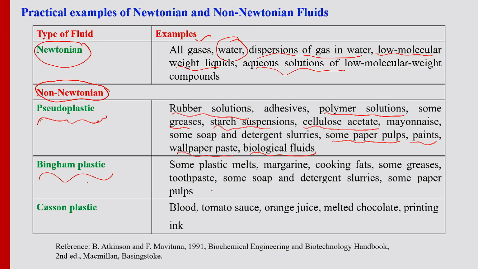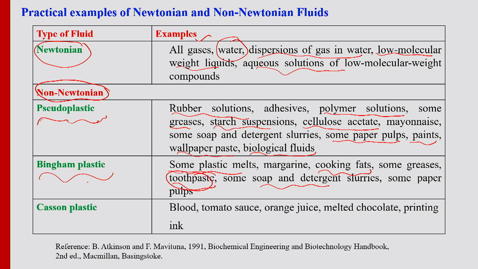For Bingham plastics, some plastic melts all come under Bingham plastics. Then cooking fats, the same way toothpaste, then some soap and detergent, slurries, paper pulps. See, toothpaste is the very best example. When you apply pressure to toothpaste initially, it never comes outside.